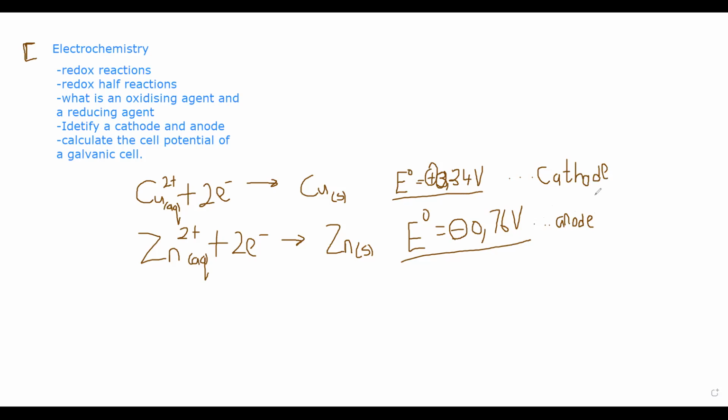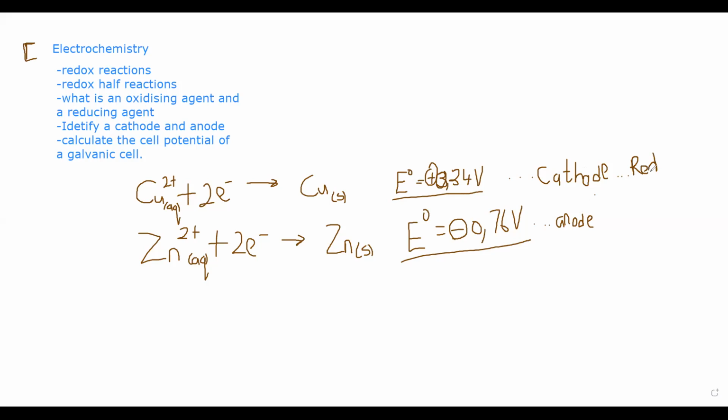So since we know that zinc is gonna be the anode, we have to relate our cathode and anode to the oxidizing and reducing agent. So our cathode, that's where reduction occurs. So for the cathode, reduction occurs.